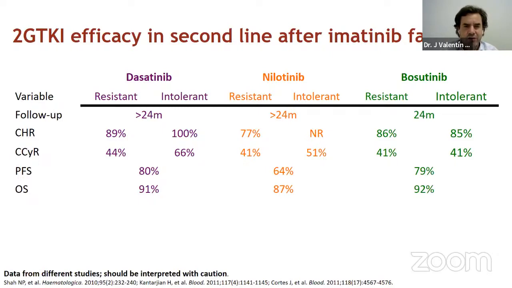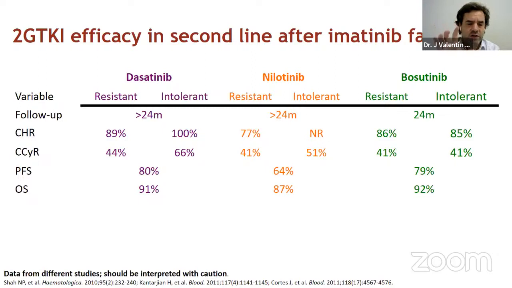It is also not very relevant to discuss whether the patient really failed due to intolerance or lack of efficacy, because the probability of achieving optimal response is quite similar among all the different treatments. So if we have different treatment options in which the efficacy is quite similar, the question is clear: how do we identify the best treatment option for our patient?